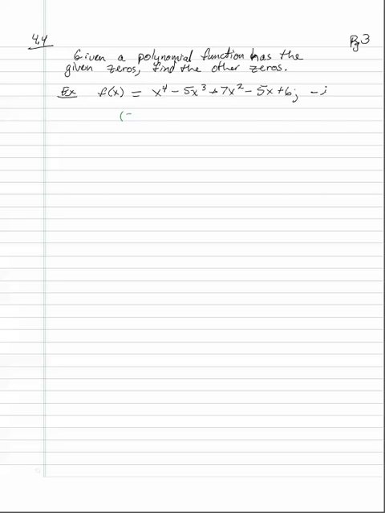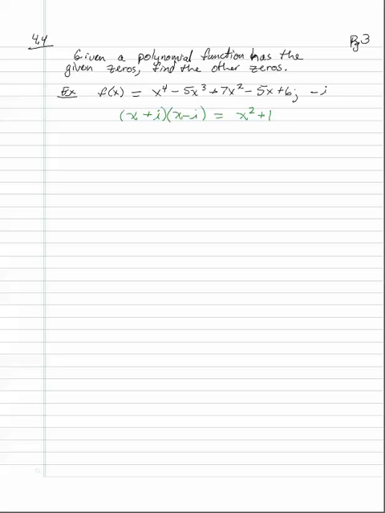We know automatically they come in conjugate pairs. So what I'm going to do is multiply x minus i and x plus i together, and that's going to give me x squared minus i squared, which becomes plus 1. Okay?